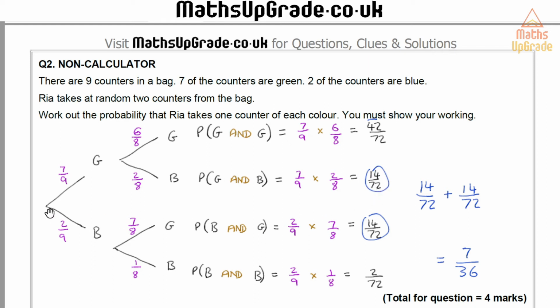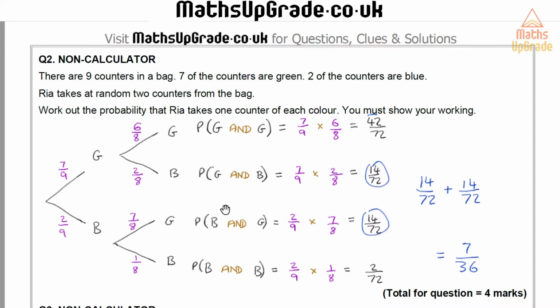And this pathway is 2/9 times 7/8, which is again 14/72. The probability is going to be this pathway or this pathway. So it's a sum of these, since this or this gives us our outcome. That's going to be 14/72 add 14/72, which is 7/36 when it's simplified. And that there is 4 marks.